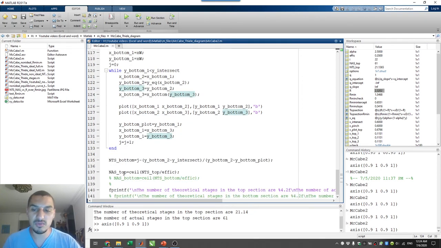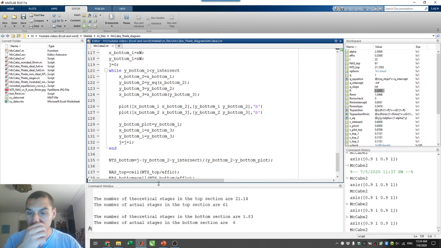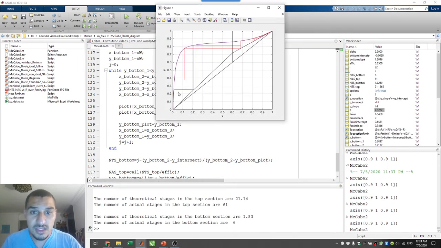So I'm good now. So now we can work with the full code to calculate the number of stages for the bottom and the top sections. And if we run the file now, you'd see that the stages are calculated right. You'd see for the bottom section, although we are starting with 60%, which is the feed composition, we are using only 1.83 stages.